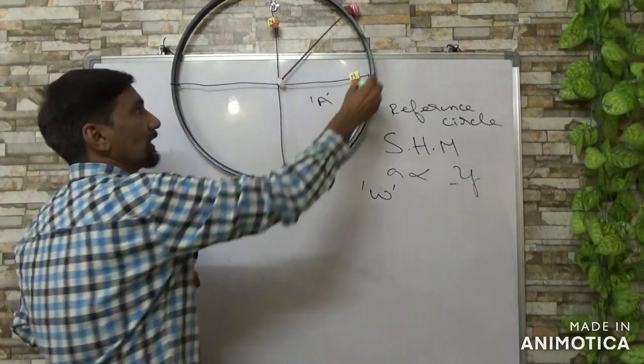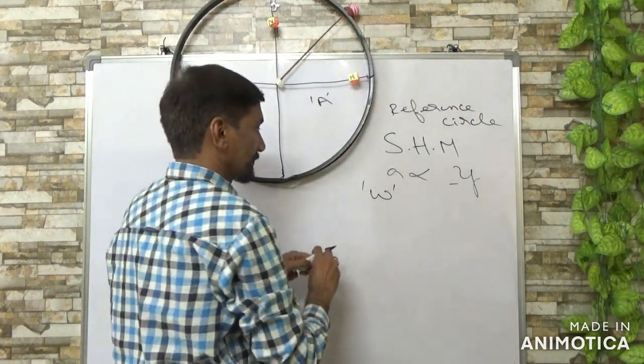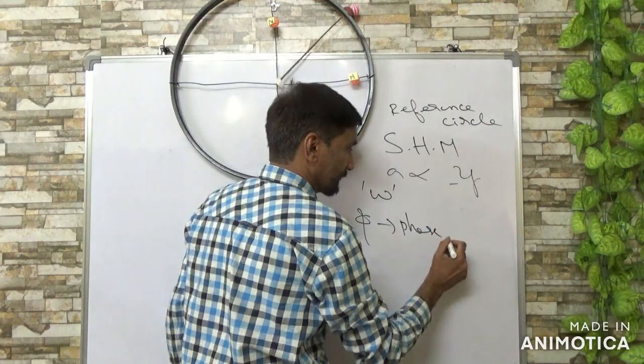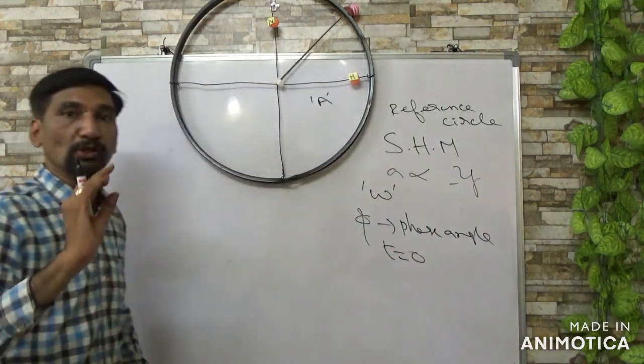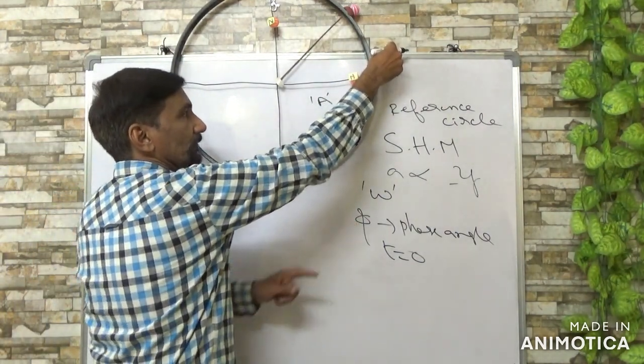Suppose the particle is at this point, making an angle phi called the phase angle. In the beginning, the position of the particle is at this point, say phi.